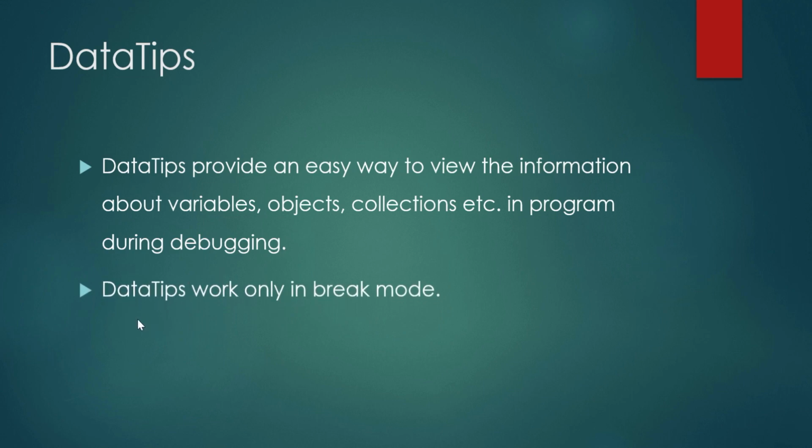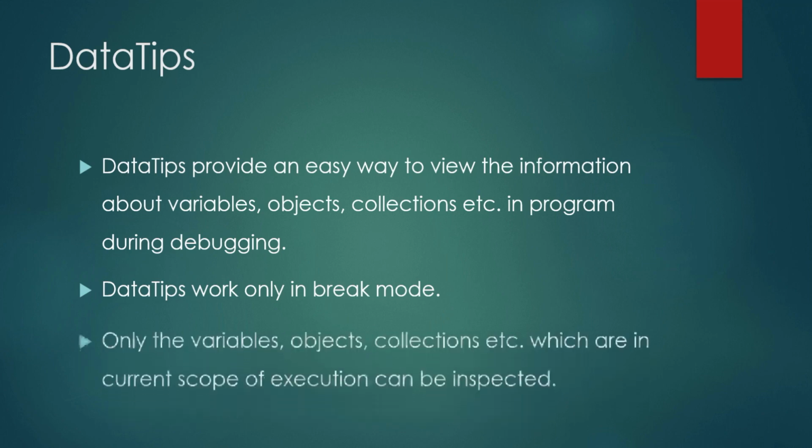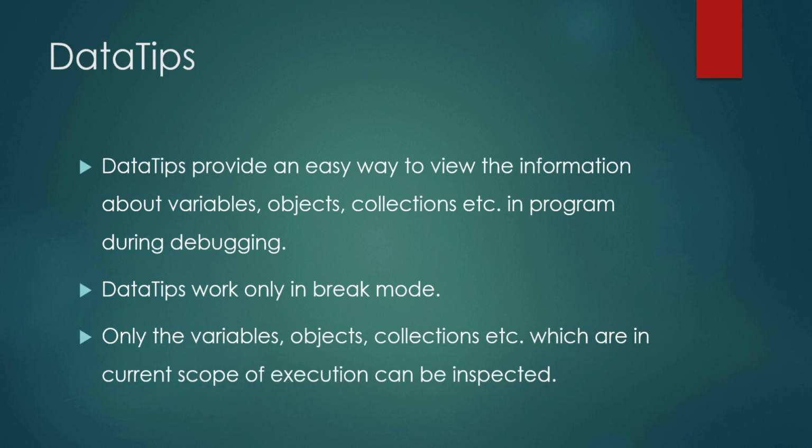Now, as I told you, it works in break mode, means whenever you are stepping through a code, at that time DataTips works, and it will only show you the value of your variables or object or collection which are in the current scope of execution. Out of scope execution values will not be shown. So remember this thing.